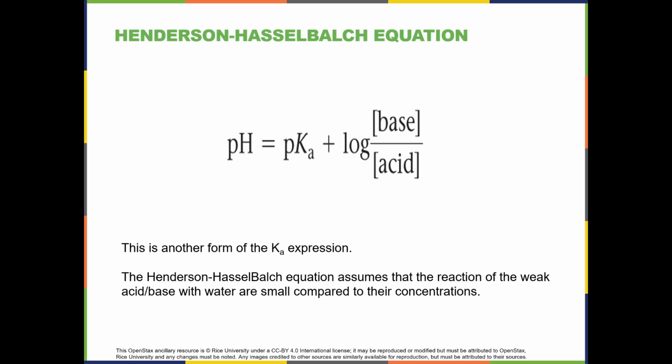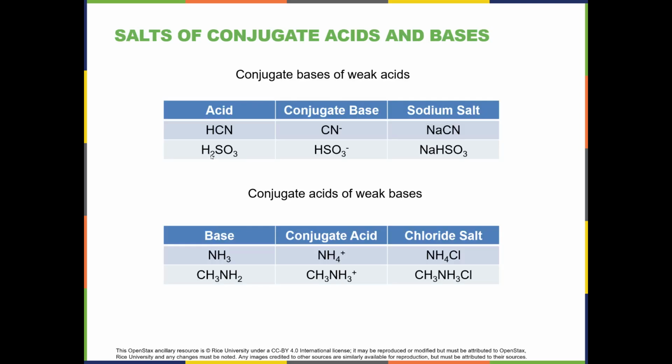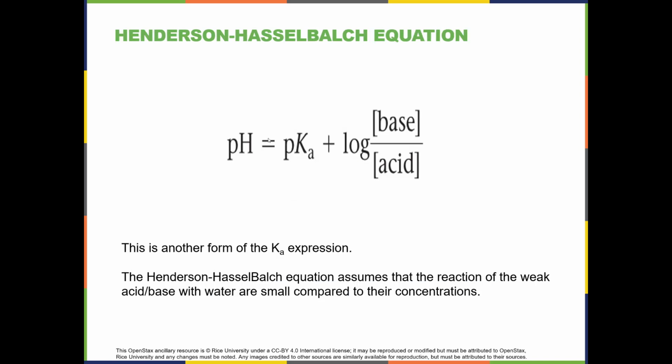This is incredibly useful. So if we make a solution containing H2SO3 and NaHSO3, if we know the concentration of H2SO3 and we know the concentration of NaHSO3 and we know the pKa of the acid, we can find the pH of the solution. Very useful.